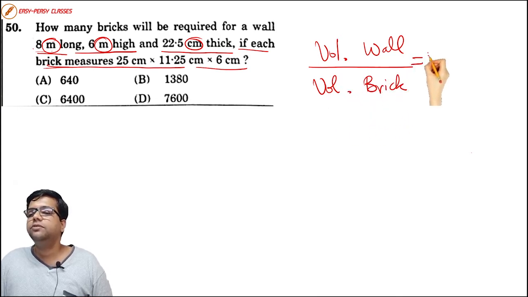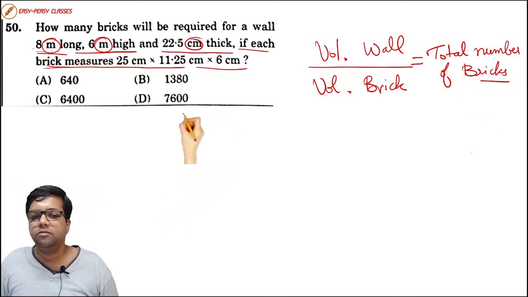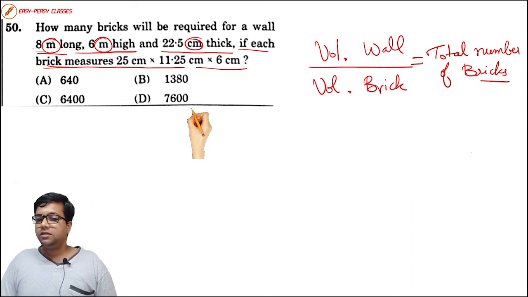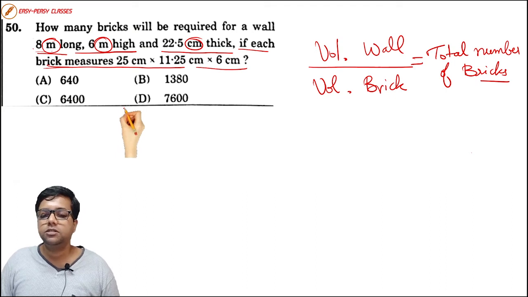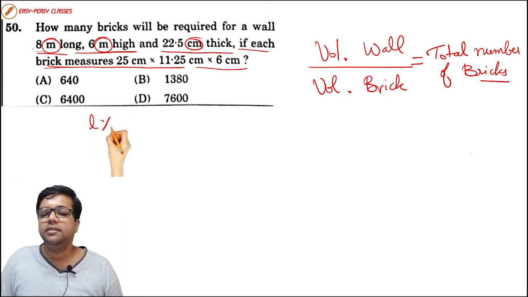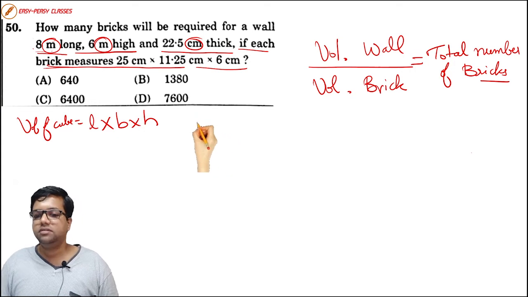So this will give you the total number of bricks required. So what is the volume of wall? Before jumping into volume of wall, tell me the formula for volume of cuboid: length into breadth into height.